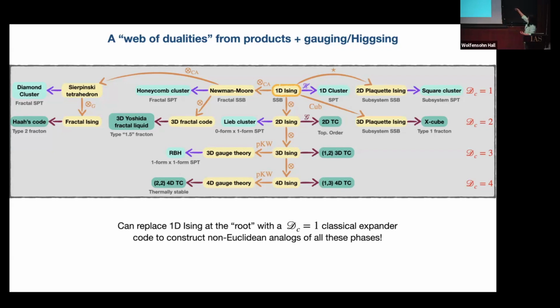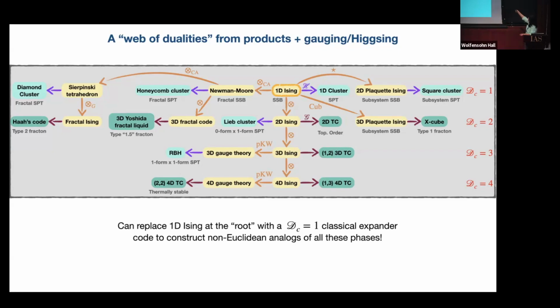And by organizing the products in this way, you can organize this zoo in terms of increasing chain complex dimension, okay? So these are all models with just chain complex dimension 1, so there's no non-trivial gauge theories. By the time you get to chain complex dimension 2, you can have some non-trivial CSS codes, which are these teal boxes.